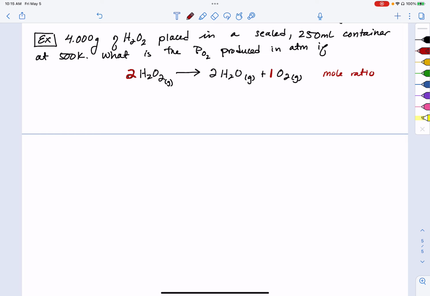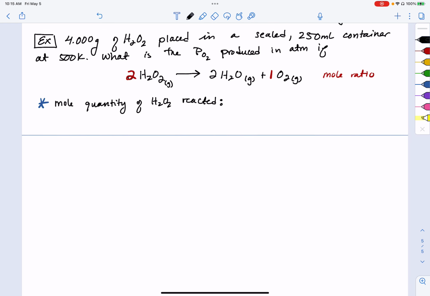And now I need to get my mole quantity of H2O2 reacted so that I can convert that using this mole ratio into some amount of oxygen.